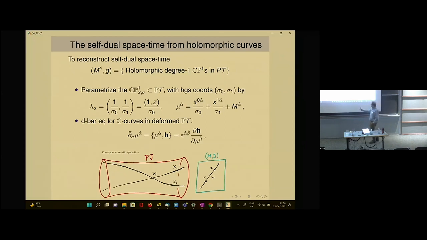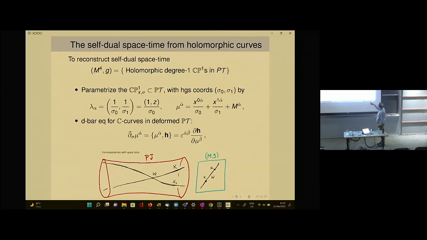This is meant to be a cartoon of what twistor space is. And what we're going to do is look for holomorphic curves, which are meant to be these black lines here. And these would be solutions to a differential equation. So at degree 1, I'm writing these out in a slightly odd way. The lambda alpha, I'm writing in terms of sigma.